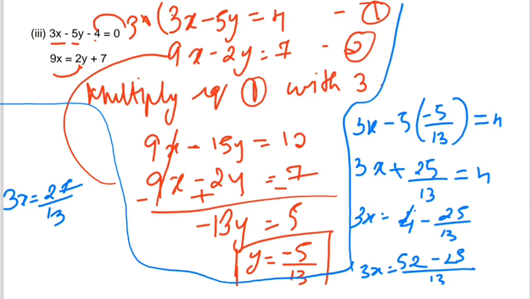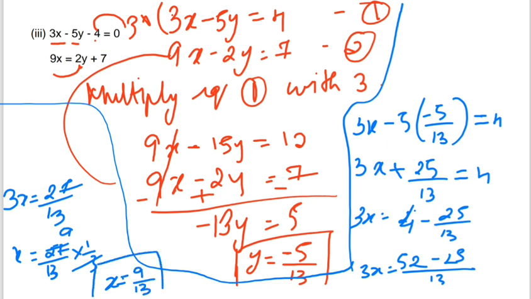So if we take 3 to that side, x is equal to 27 by 13 into 1 by 3. Since it is in multiplication on the LHS, it changes to division. 3 9s are 27, so x is equal to 9 by 13. So this is your x value. Hence we found it; you can check by substitution whether it is right or not.